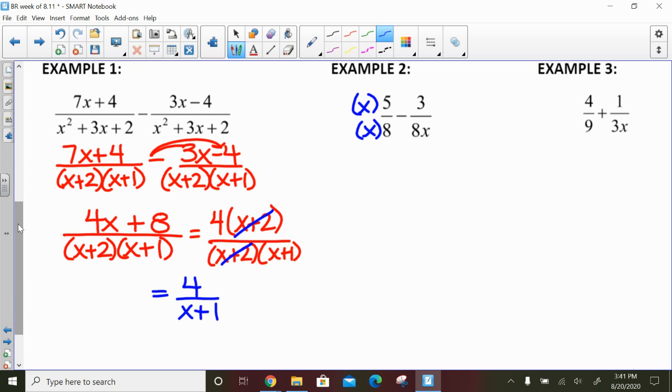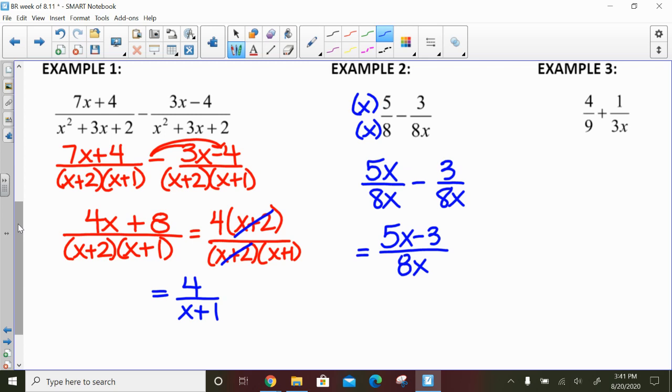I'm not going to multiply the right side by anything. So up here now I will have 5x over 8x minus 3 over 8x. I can now pull the tops together to become 5x minus 3 over 8x. And that is as far as that problem will go.